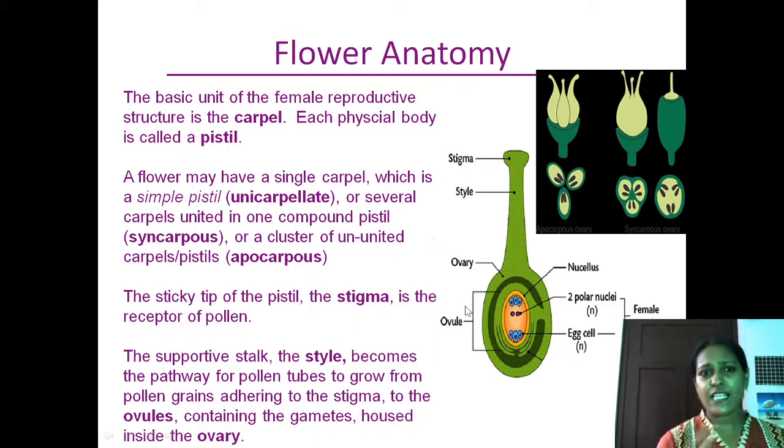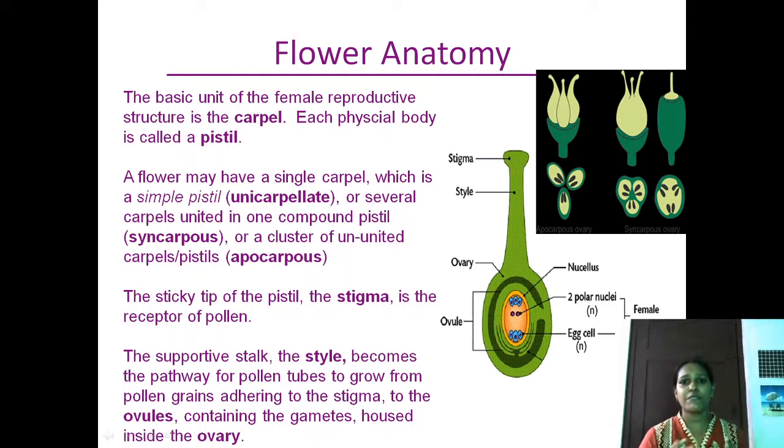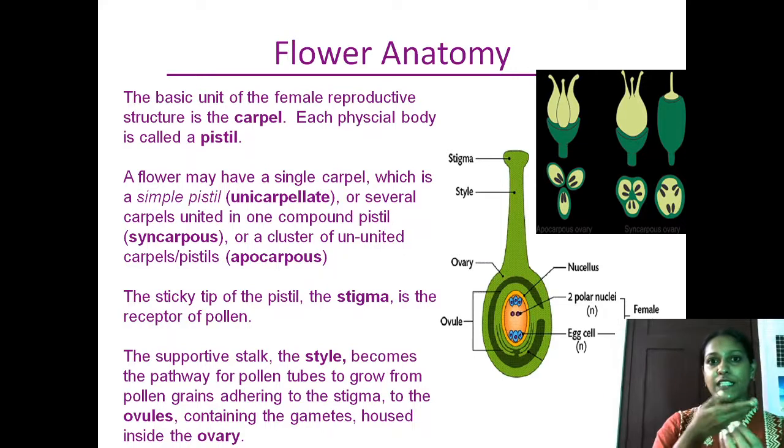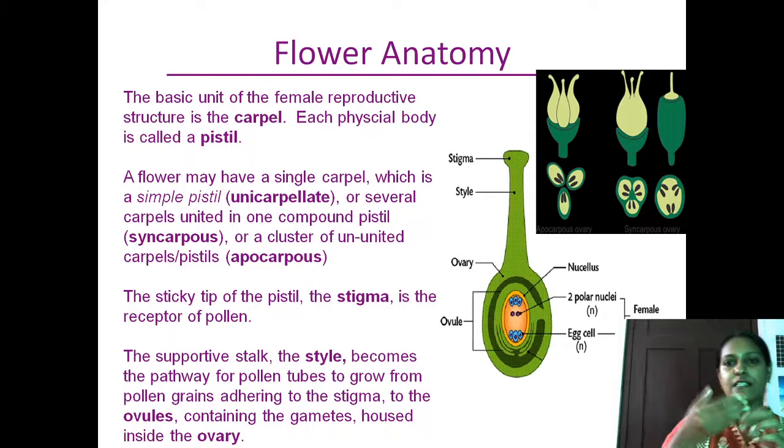Okay, what are syncarpous and apocarpous? Syncarpous means, when you take a tomato and cut it, you could see a lot of locules within the ovary wall. When you go to an apocarpous flower, what you could see is that the ovary wall is not fused. You could see a single ovule. Fine.